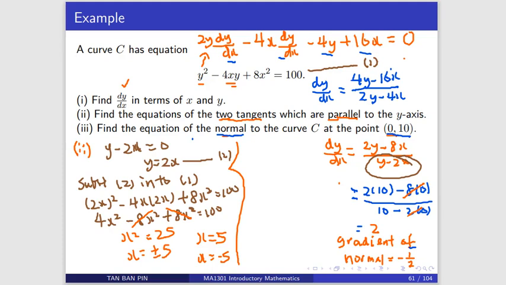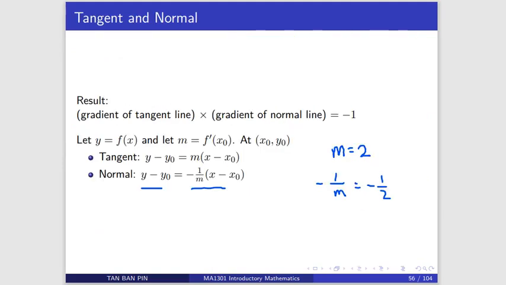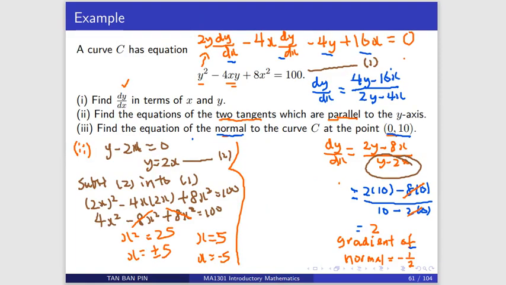So that means you can use this equation. And we are looking at 0, 10. So it should be y minus 10 equal to minus half times x minus 0. m is 2. We just found dy dx is 2. So that means m is 2.